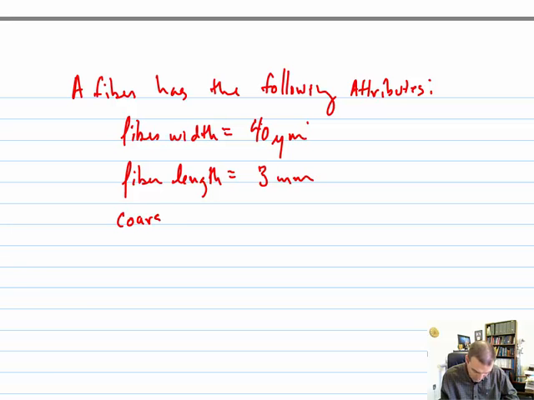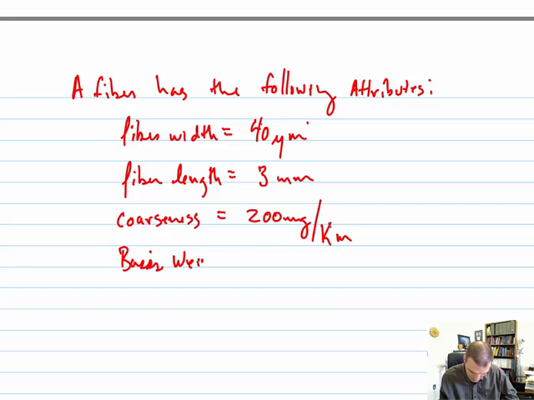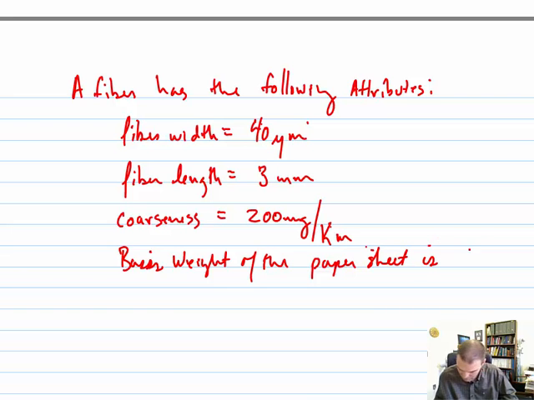Fiber coarseness equals 200 milligrams per kilometer, and basis weight of the paper sheet is 10 grams per meter squared.